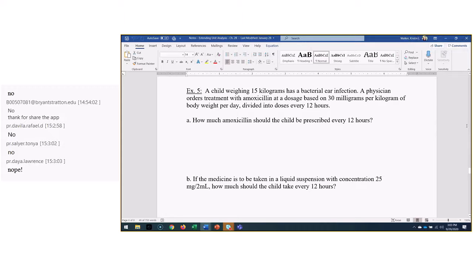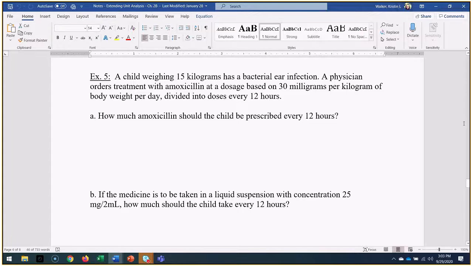Okay, here's another type of application that requires conversions. And again, you can do the conversions however you want. You can do them with proportions or with unit analysis. So here we go. A child weighing 15 kilograms has a bacterial ear infection.